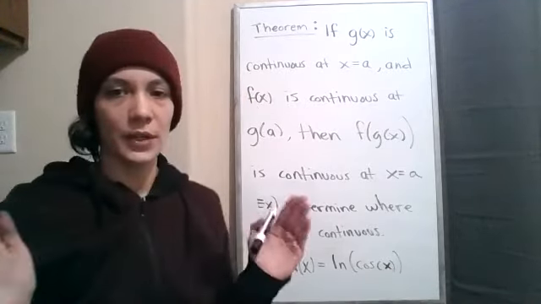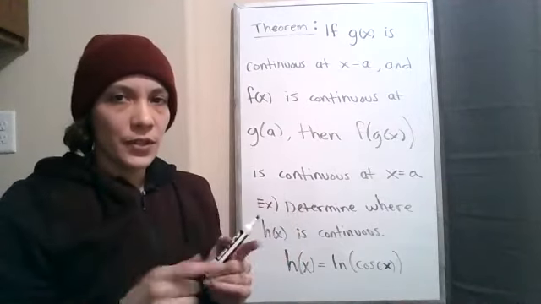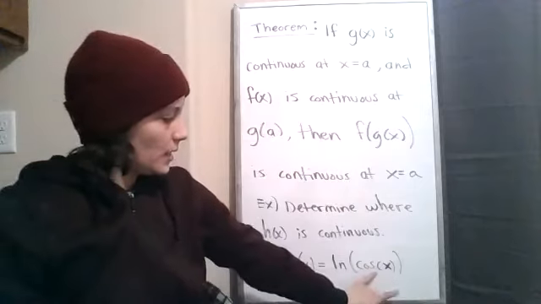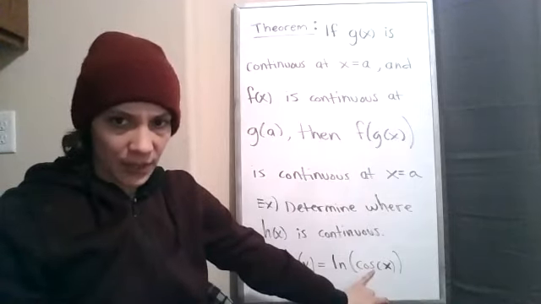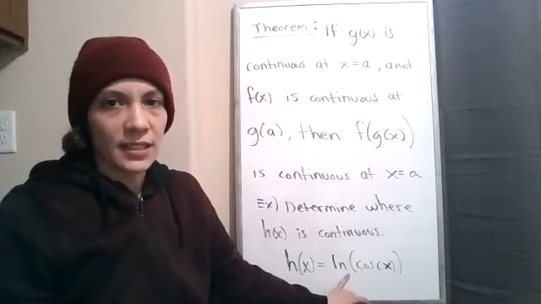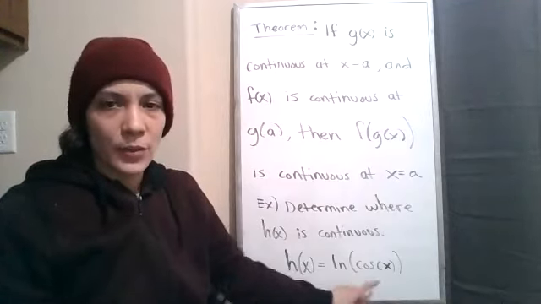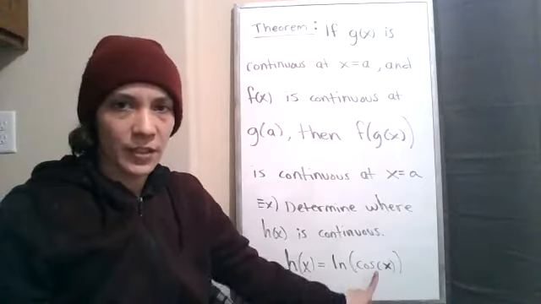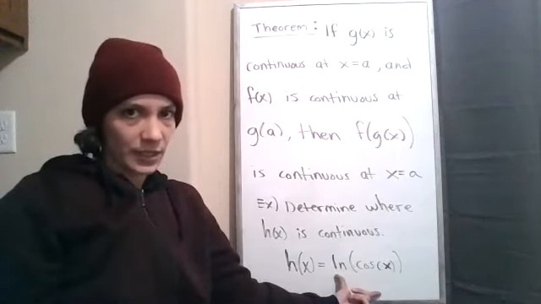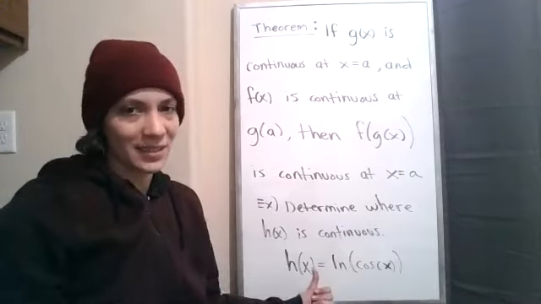Okay, so first, if g of x is continuous at x equals a, my inner function g of x will be cosine of x, and f of x will be ln of x. So first we want to figure out where the inner function is continuous. Then we can tell where the outer function is continuous. And then we'll be done.